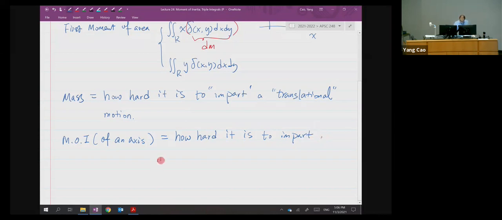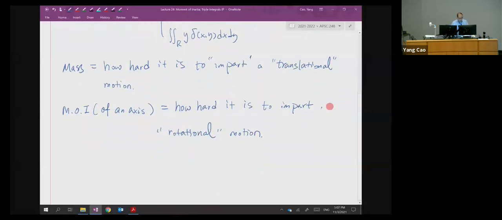What would be the next keywords? Mass is how hard it is to impart a translational motion. So moment of inertia should be how hard it is to impart... Exactly, rotational. So that's the nature of a moment of inertia.